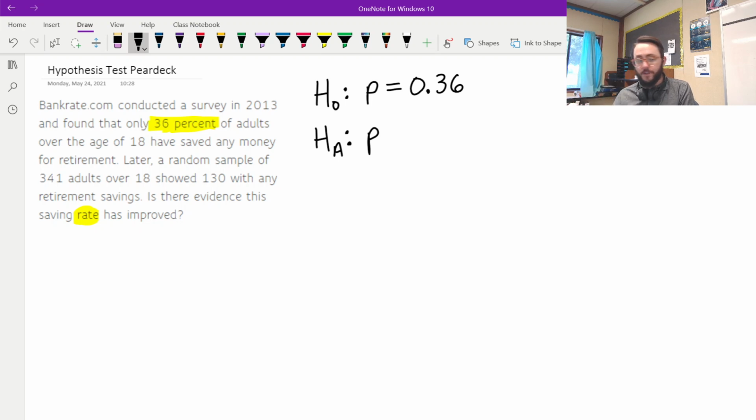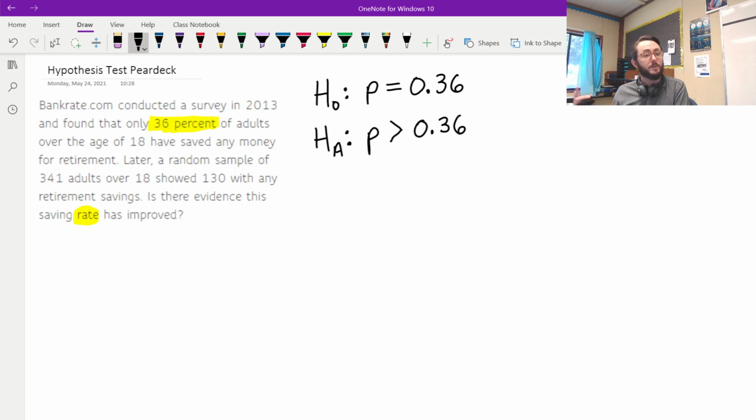And then we did this survey, and what we are hoping to show is that the proportion of adults, the percent of adults who have saved, has increased. So it's greater than 36%. And now with this, we want to actually figure it out.